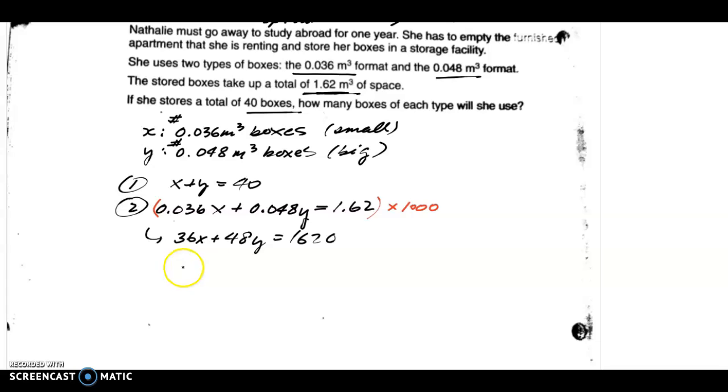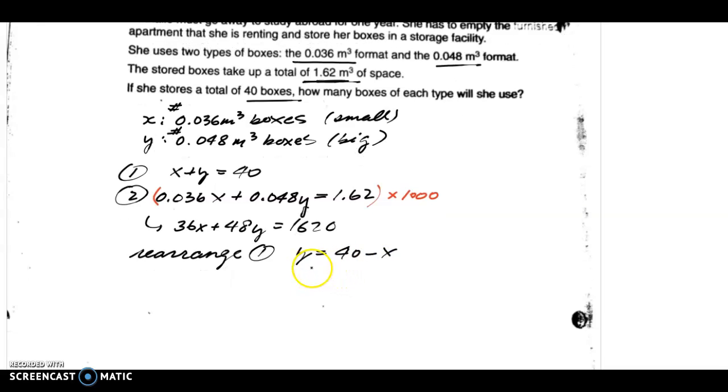Now I can rearrange 1. So this would be y equals 40 minus x.